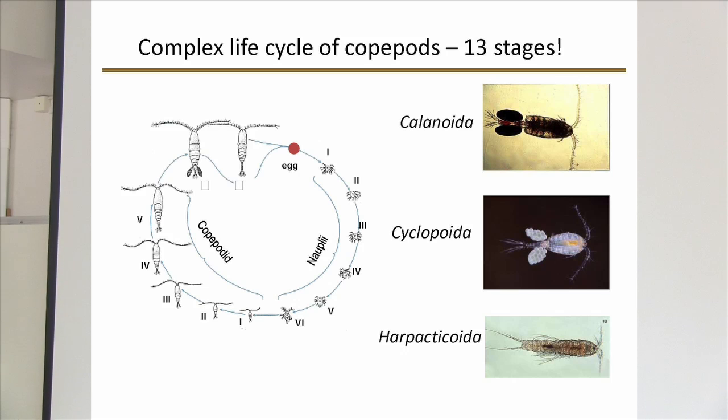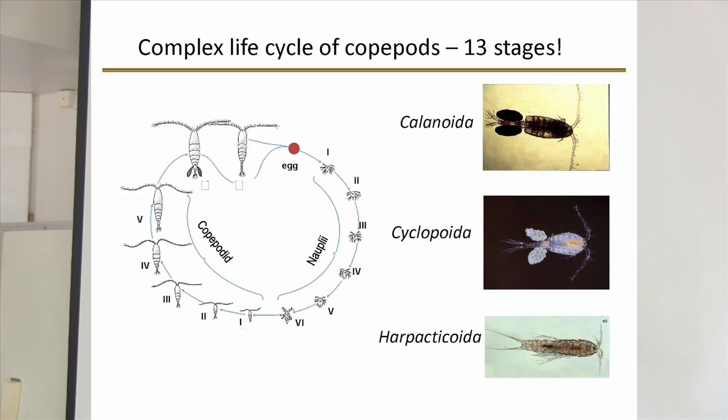Then metamorphosis occurs with a total body restructuring, a total shift in terms of the gut structure, a total shift in terms of swimming behavior and other things. So this is a metamorphosis that is essentially comparable to hatching from the egg.